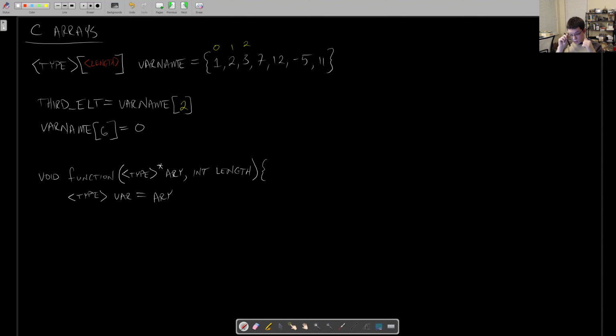Because if I put the star on it, hang on, let me double check because this is tricky. Pointer points to, okay.